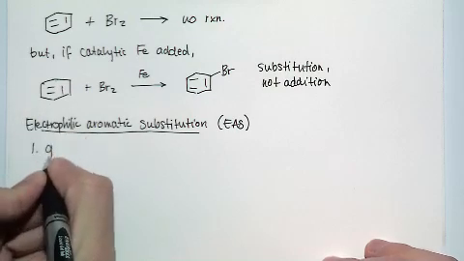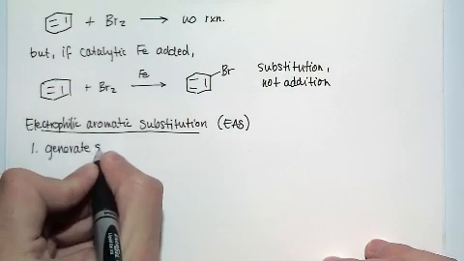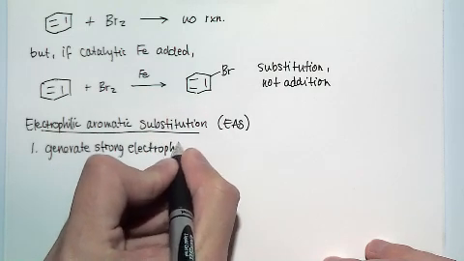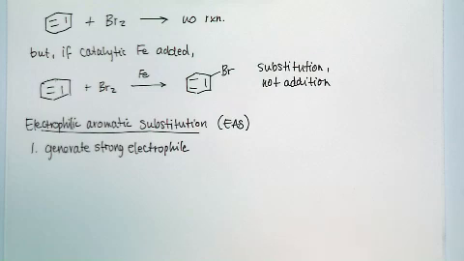The first is we have to generate a really strong electrophile. In this case, the benzene is going to act as a nucleophile, and that seems kind of weird. It doesn't look particularly nucleophilic. It doesn't have a lone pair or a negative charge or anything like that. And it's true that it's not a very good nucleophile. And so in order to get that to react, we have to give it a very strong electrophile to attract it. So that's the first step. We have to generate a really strong electrophile.